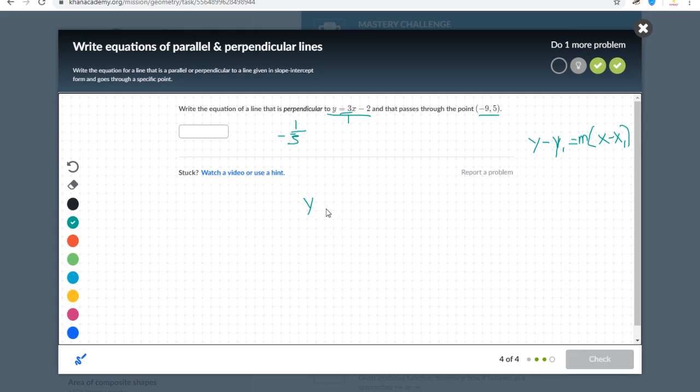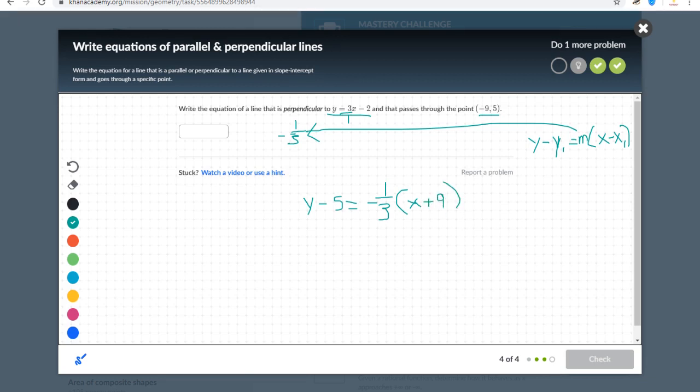So, we have a 5 as our y, so y minus 5 equals our slope, negative 1 over 3. M, again, means slope in this case. Then we got x minus a negative 9, so we would add 9.